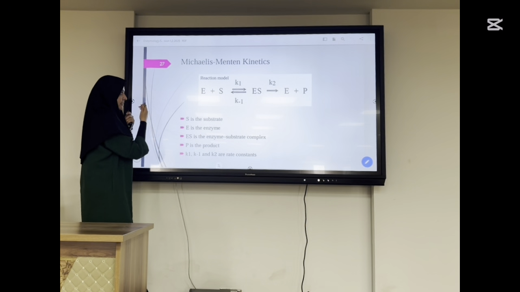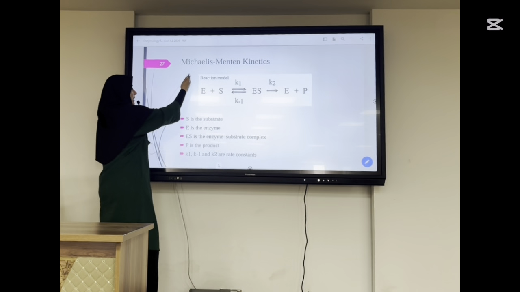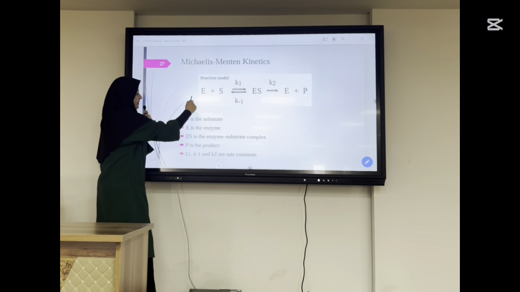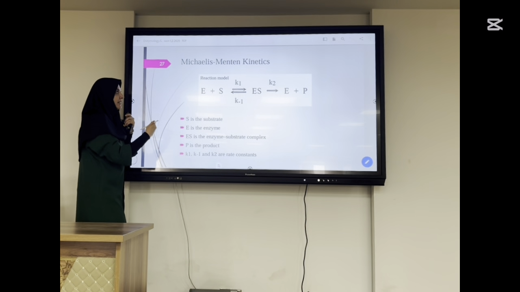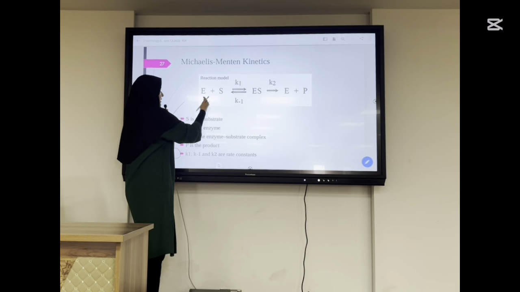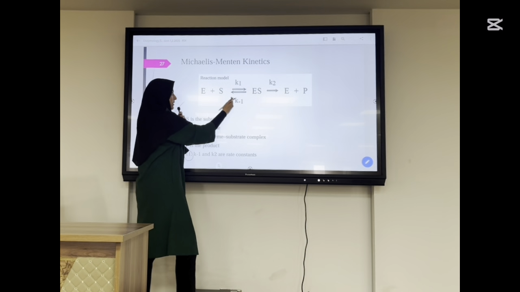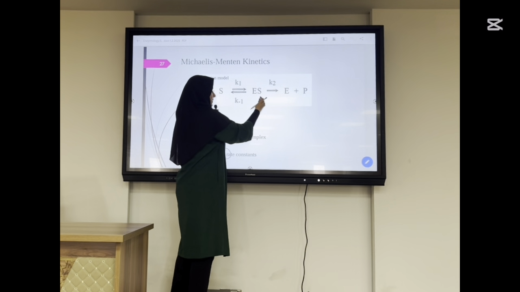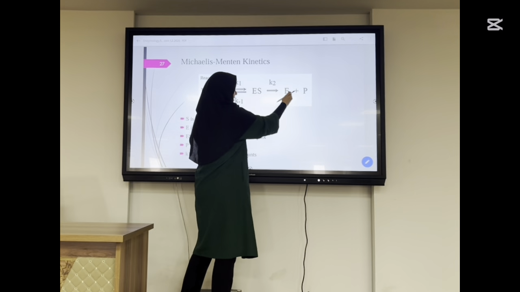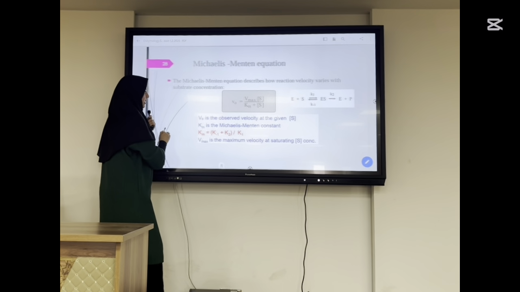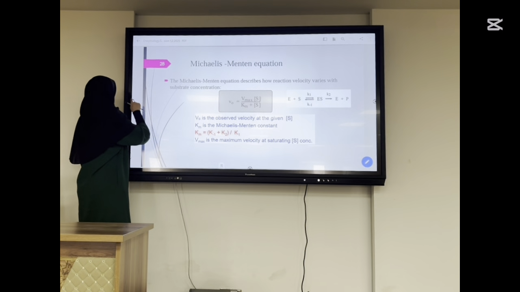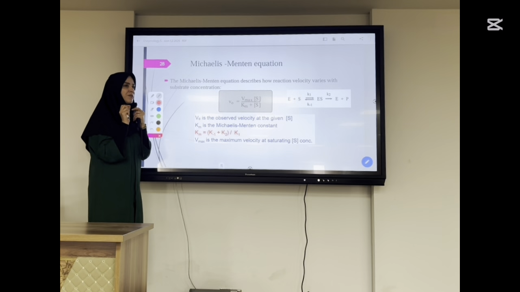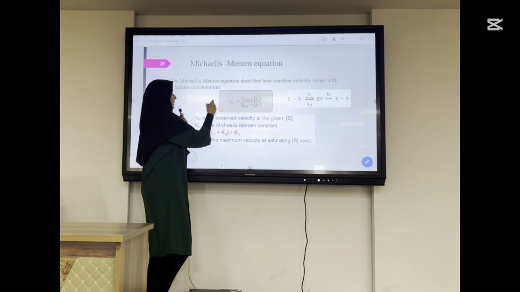About the Michaelis-Menten kinetics, Michaelis and Menten were two scientists who explained the kinetics of enzymes. We review enzyme plus substrate, through the transition state, produces the enzyme and product. I want to explain this equation. This equation is very, very important, okay?